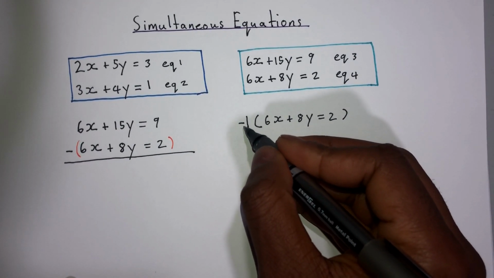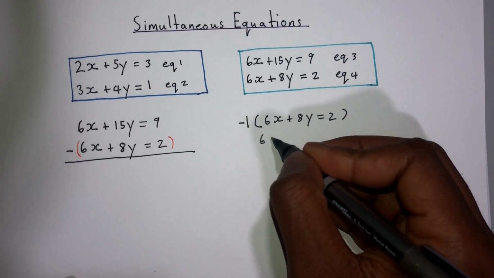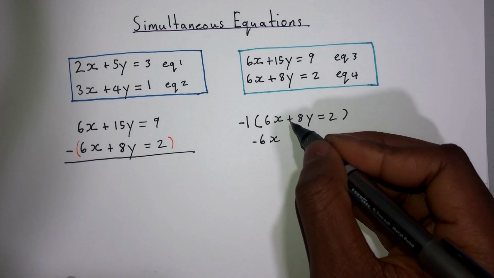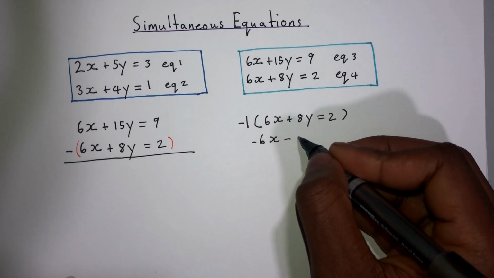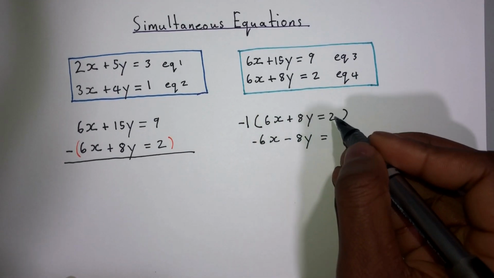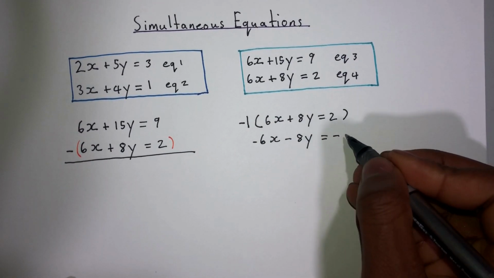So upon distribution, we have -6x, -1 times +8y gives us -8y, and -1 times 2 gives us -2.